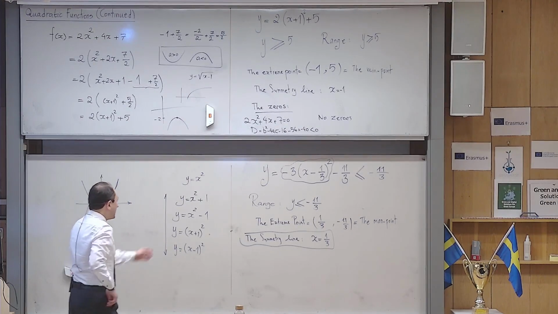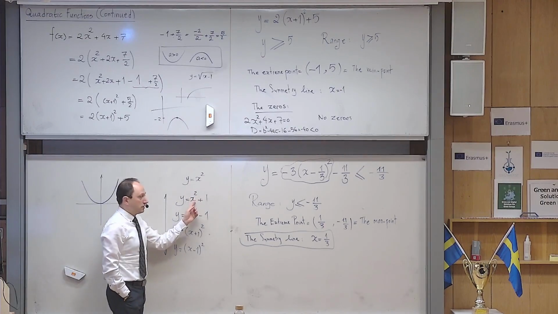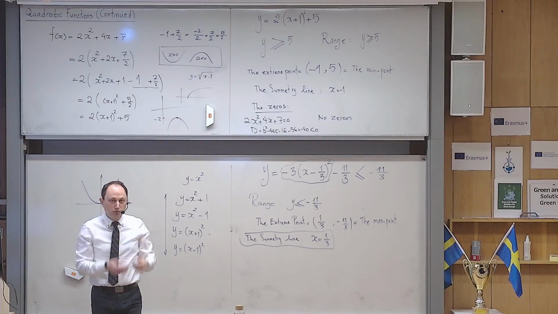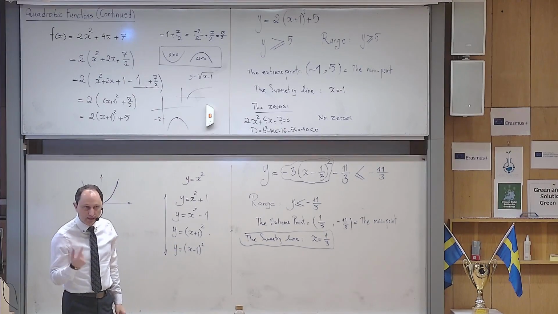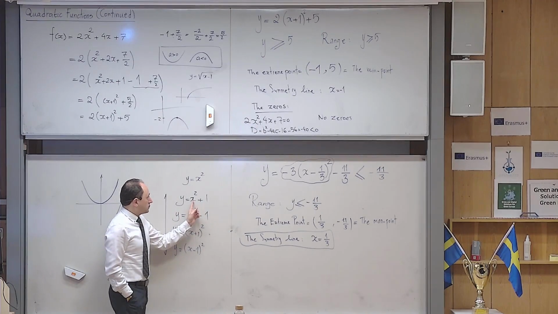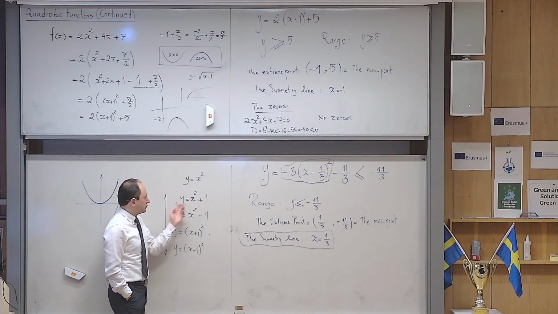So if you add one unit to the function, the graph of the function will be shifted one unit upward. And that is clear. Why? Because when I add one unit to x squared, the y value is the old y value plus one unit. So the y values for this function are correspondingly one unit more than the y values of the original function.